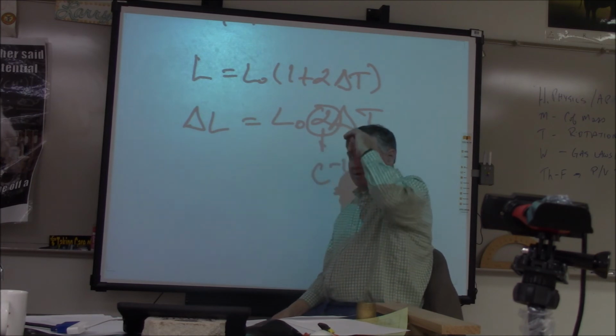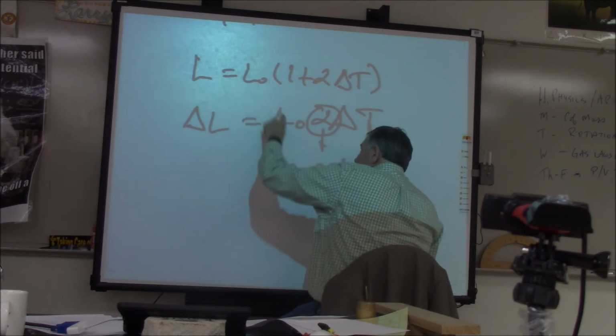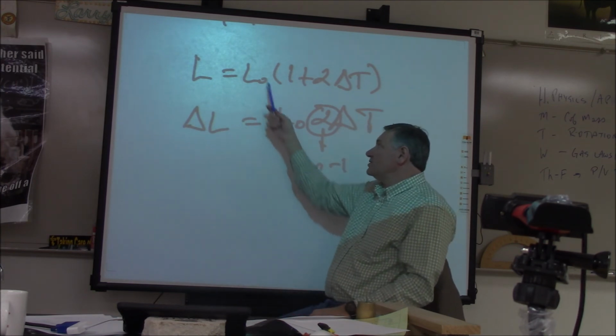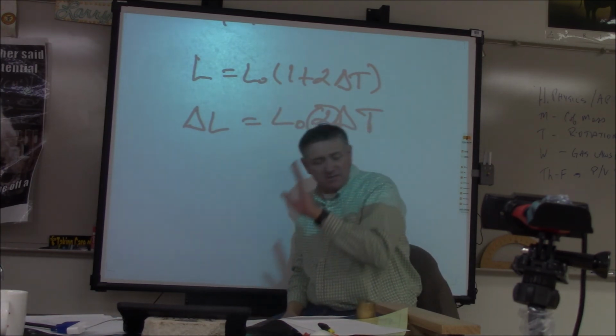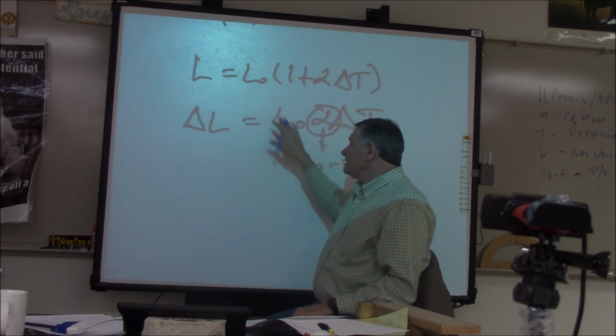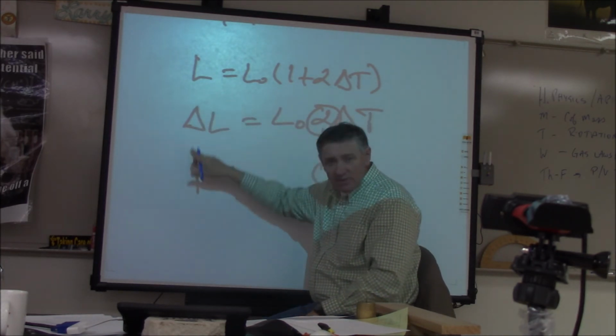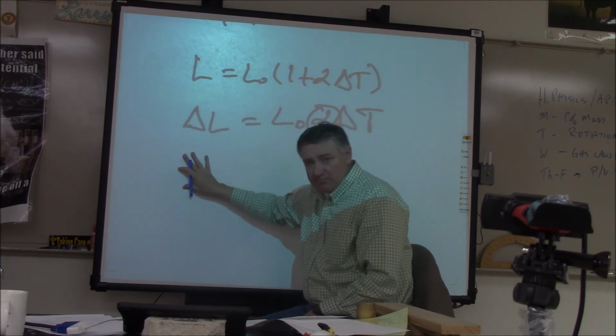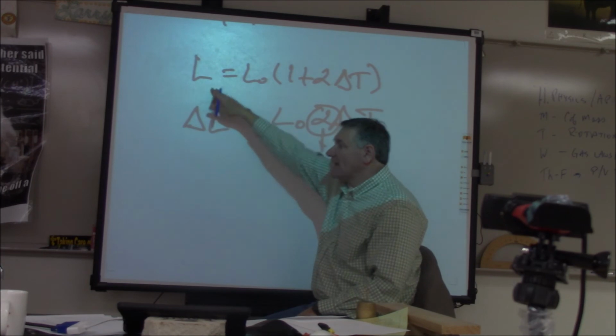So here's the cool part about this. It doesn't matter what this length is in. It could be feet, it could be inches, it could be square centimeters, it doesn't make any difference. Whatever units this is in is whatever units this is going to end up in. If this is in meters, that's going to be in meters. If this is in inches, that's going to be in inches.